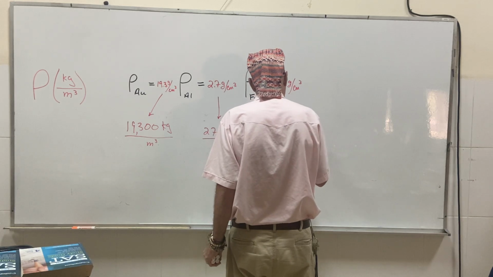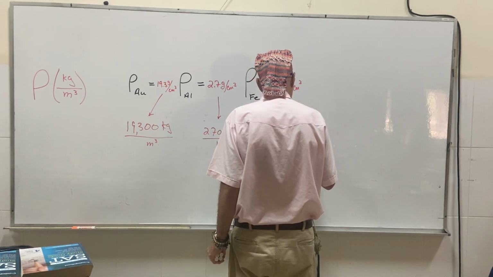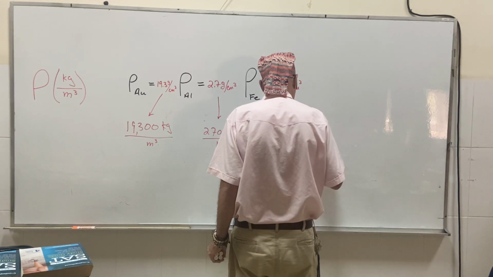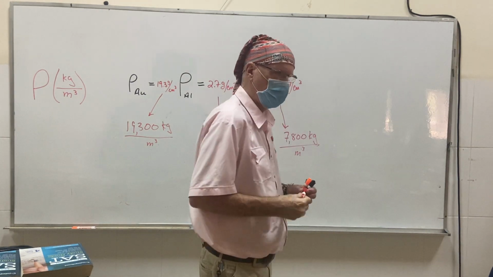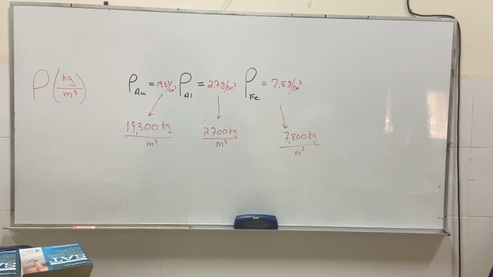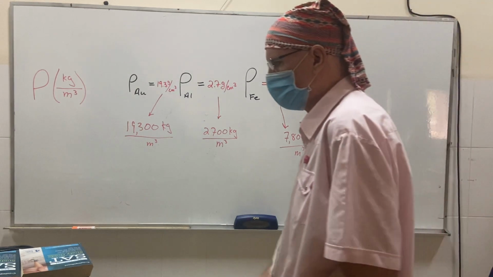Yes. It says aluminum is 2700, 2600. That's about what we said, right? Okay, all right.